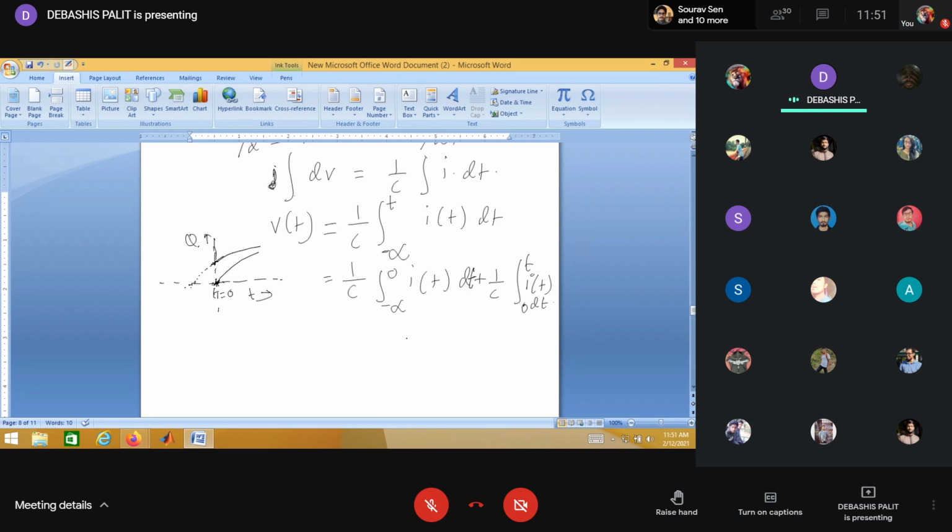So 1 by C integration from minus infinity to 0 is termed as 1 by C into q0, plus 1 by C integration from 0 to t of I dt, that is 1 by C into qt.